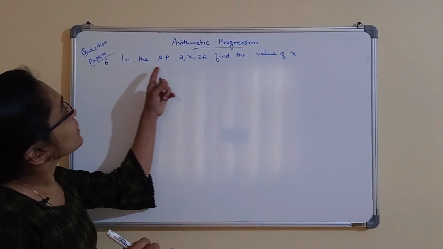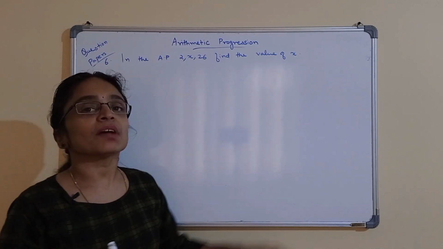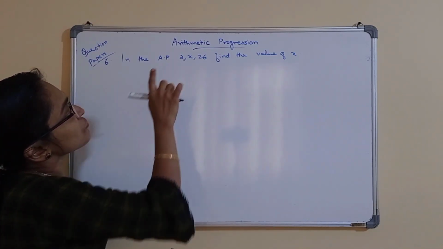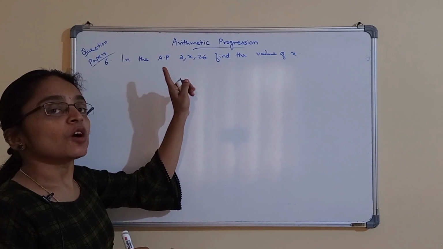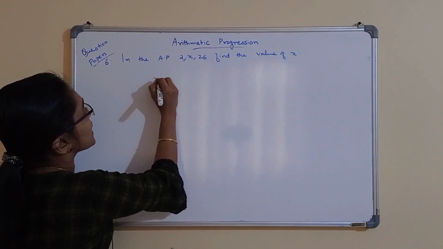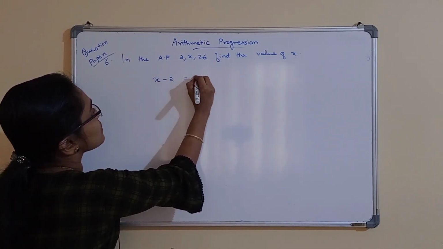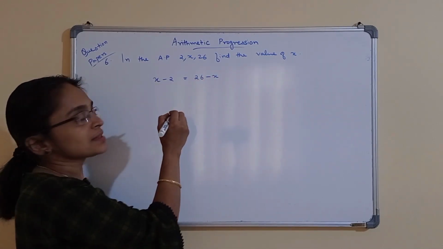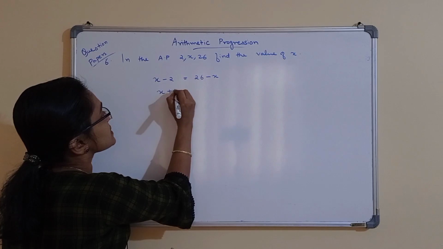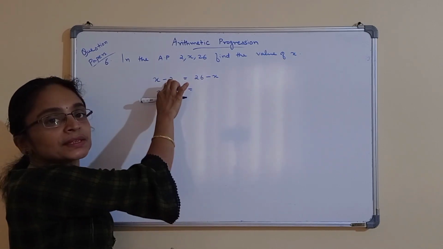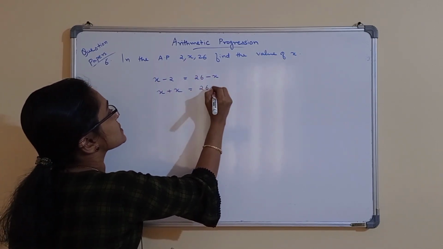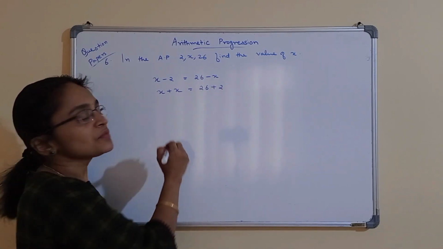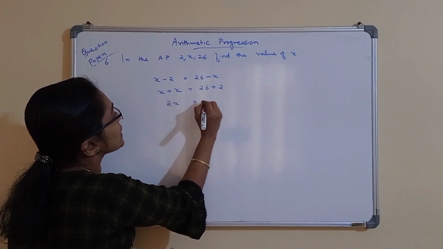Next one, in the AP 2, x, 26, find the value of x. We know that for these terms to be in AP, the common difference should be the same. So x minus 2 is equal to 26 minus x. Taking this x to the left hand side, we have x plus x equal to minus 2 to the right hand side, that is 26 plus 2, which means 2x equal to 28.